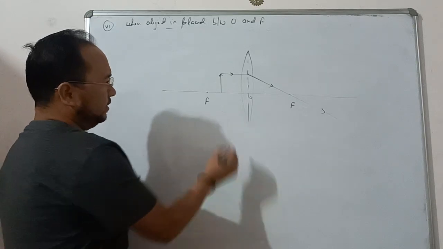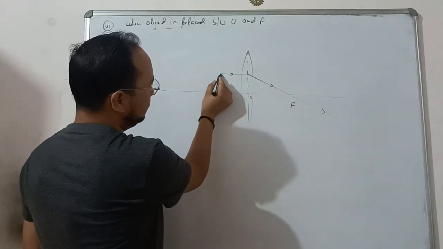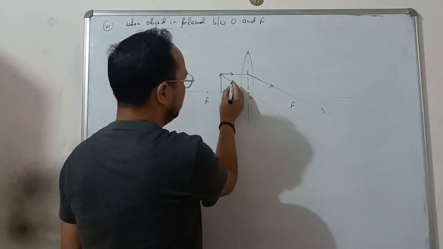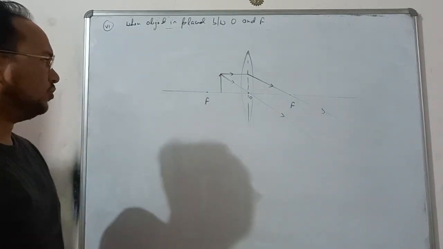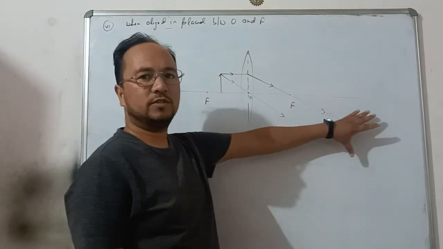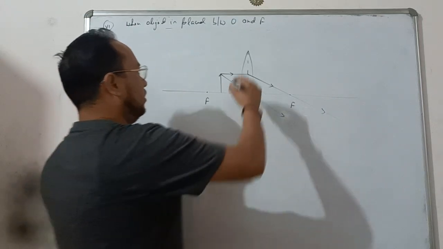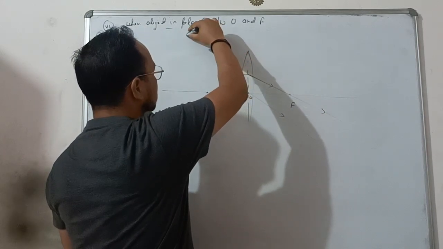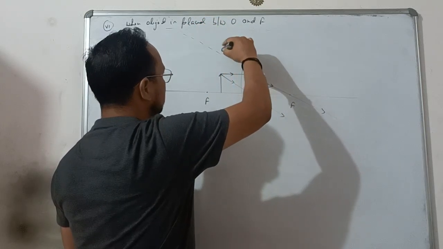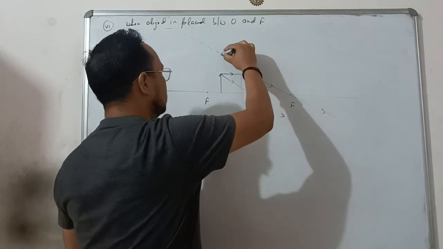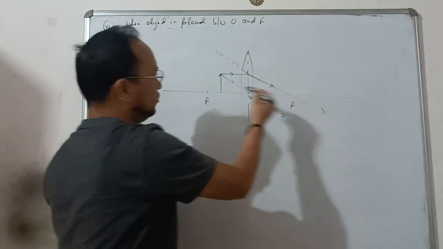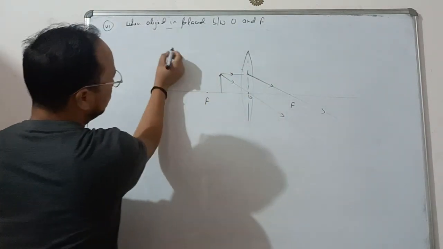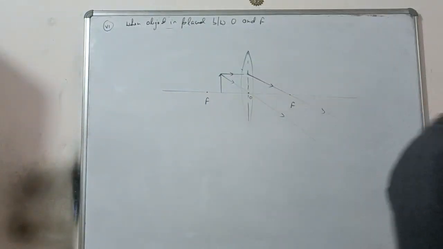Now the second ray will pass through the optical center, whose path remains undeviated. Now, as you can see, these rays are diverging, so we will produce them virtually in the backward direction. It is easier with a scale and the figure will be made better. I am doing it without a scale so there may be some problem, but you can use a scale.